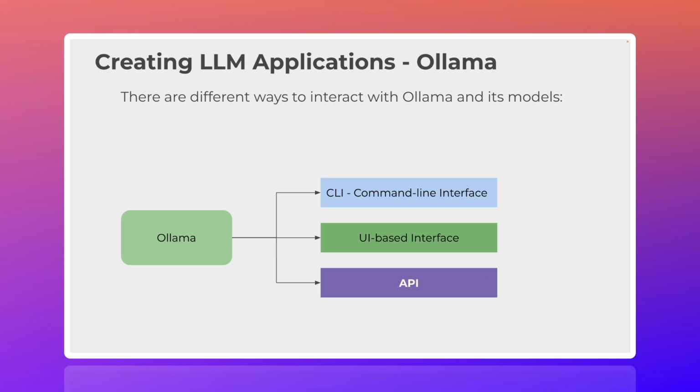And we just finished looking at the UI-based interface. So this is way easier for us to be able to have an actual interface such as ChatGPT. That way we're able to ask questions, quickly change between different models that we may have, and start chatting with our models. So it's really easy to put together using the Msty app.